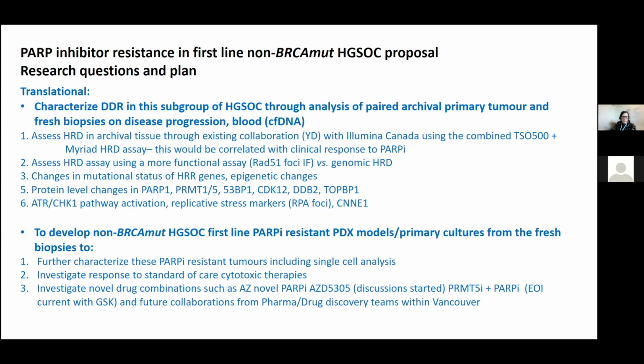The other thing that we want to do is characterize these cancers more in terms of what is the underlying deficiency that may have resulted in the original response, and what markers might be suggestive of resistance that could then be targeted, such as maybe have we got high levels of replicative stress or CCNE1 amplification, which might suggest ATR inhibitors or targeting that pathway might be the right thing to do.